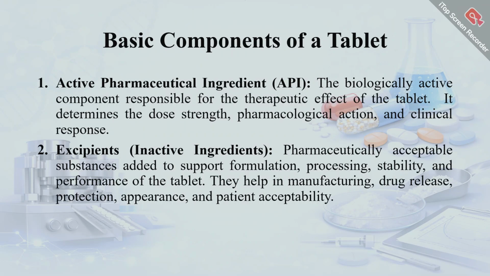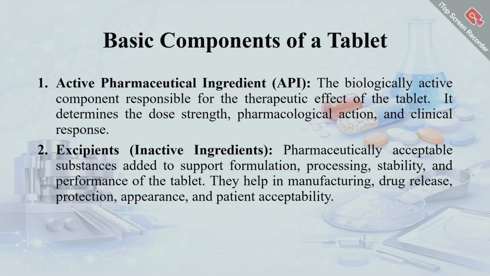Next, see here basic components of tablets. We are having two components. One is active pharmaceutical ingredient. This is the active ingredient, and the other one is excipients, which are inactive ingredients. Active pharmaceutical ingredient. It is the biologically active component responsible for the therapeutic effect of the tablet, and it determines the dose strength, pharmacological action, and also clinical response.